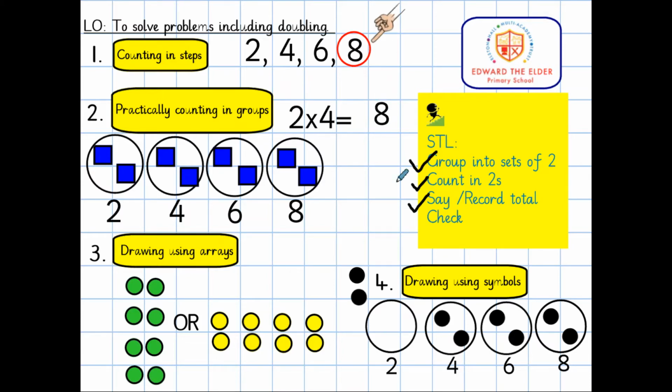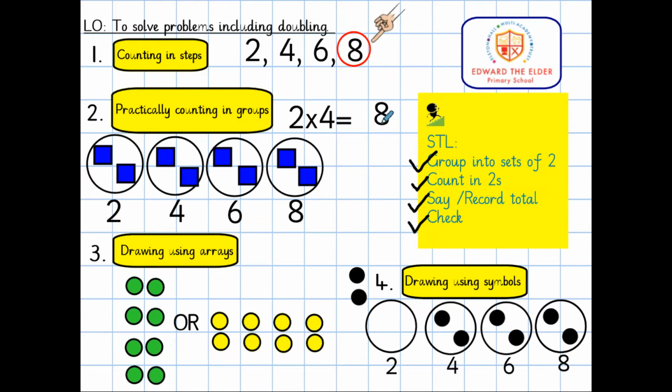And our final step, as always, check your answer. 2, 4, 6, 8. 2 times 4 equals 8.